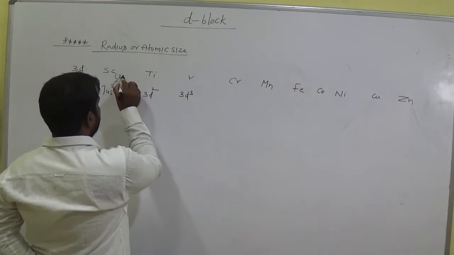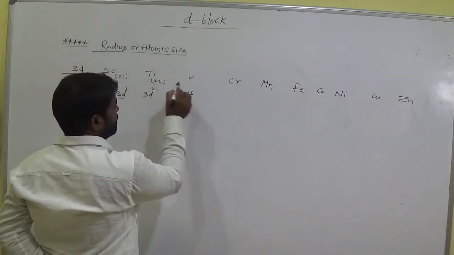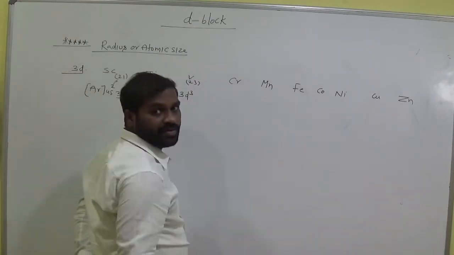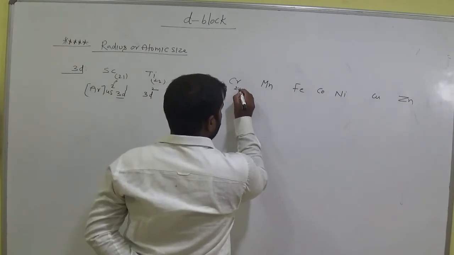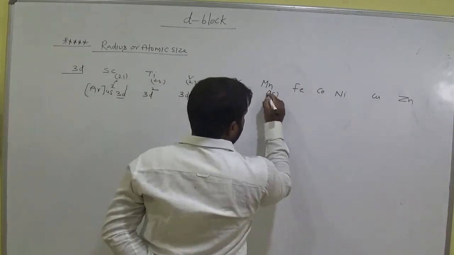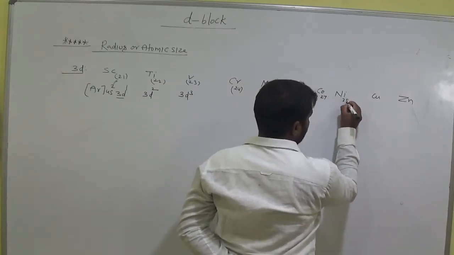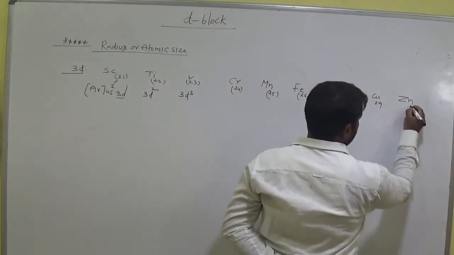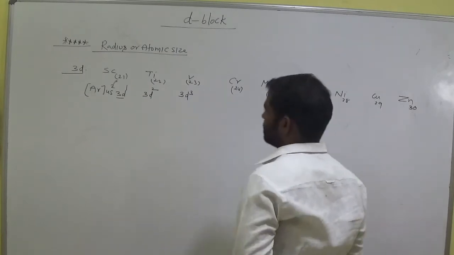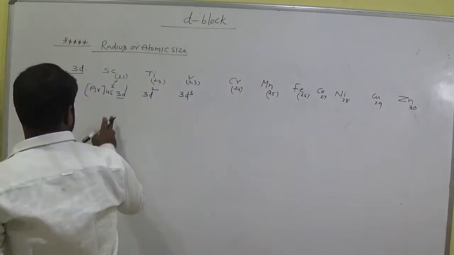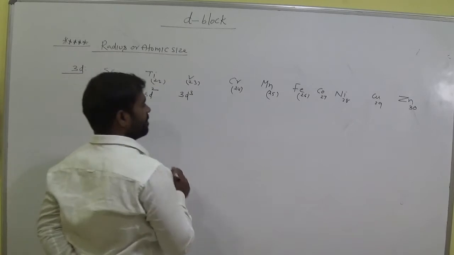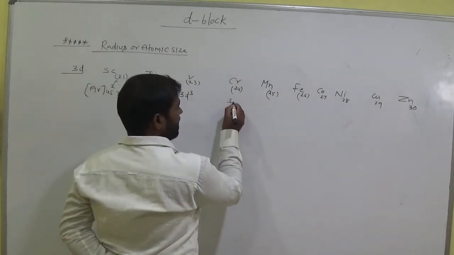The atomic numbers are 21, 22, 23, 24, 25, 26, 27, 28, 29, 30. These are the atomic numbers, and this is the electronic configuration.